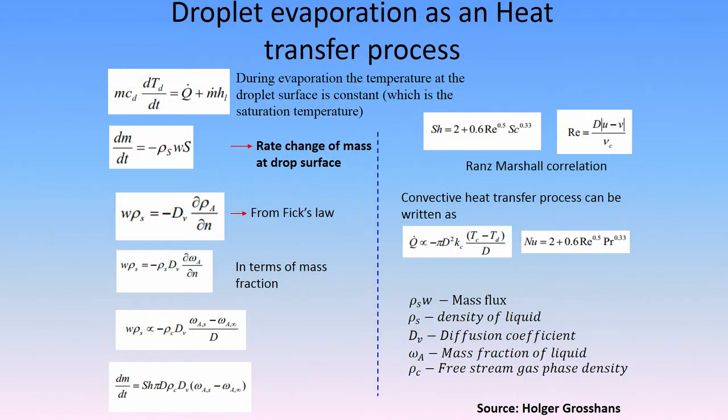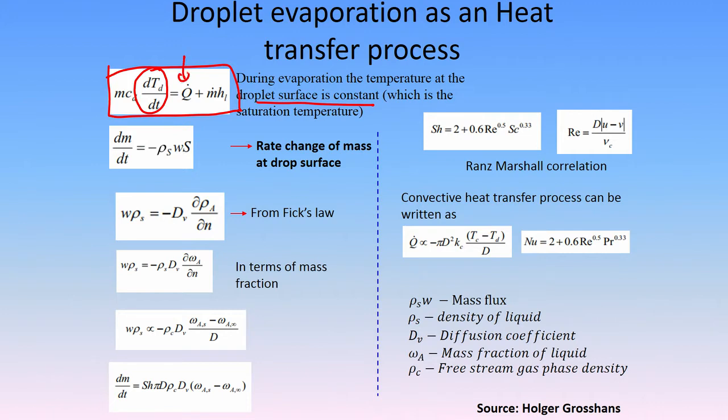Okay. So, let us look at the heat and the mass transport of the droplet in some block diagrams, because we have described a few things. So, let us first write the evaporation of the droplet. So, what happens during the evaporation of the droplet? The surface temperature is constant, which is also the saturation temperature. So, what we see over here is that we can also allow this surface temperature to change with time, that may or may not be true, it depends, okay, but you can take it to be constant also.